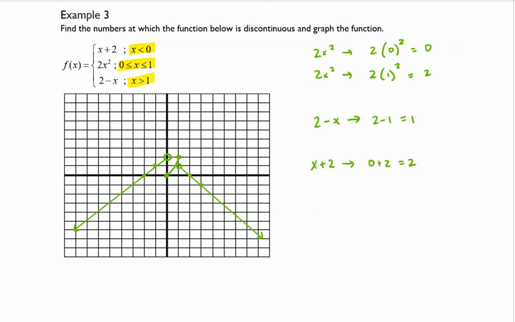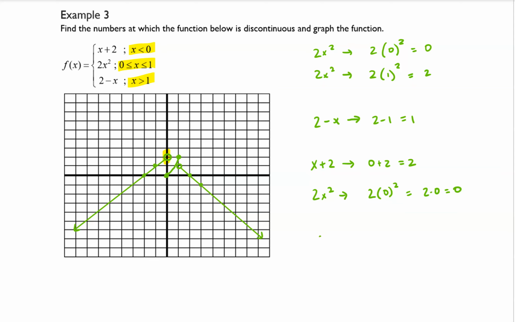And that's highlighted here at this point. And then if I plugged in 0 into this subfunction, I'd get 2 times 0 squared, which equals 2 times 0, which is 0. So notice that if I wanted to draw this function from left to right, I'd have to pick up my pencil in order to jump down to the ordered pair 0, 0.